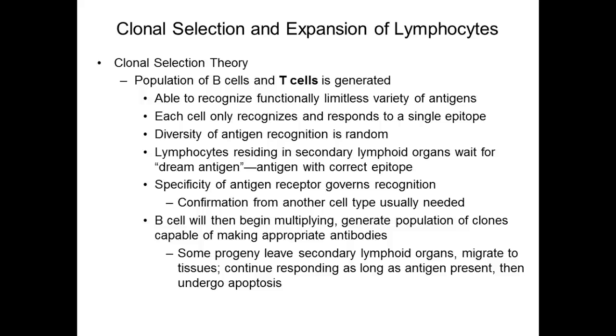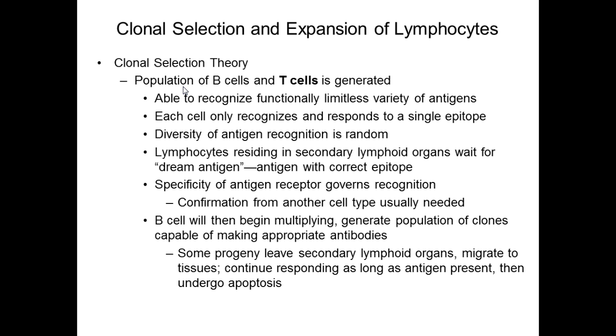So we'll look at that. They're able to recognize a functionally limitless variety of antigens. When you read that, you're like, oh, but we're talking about the population of B cells and T cells that you have, because each one of them is different and unique.